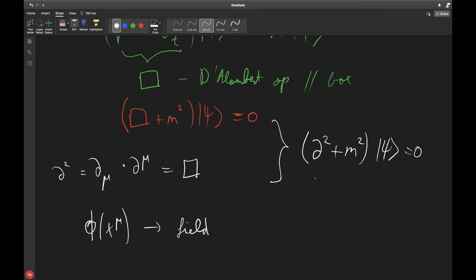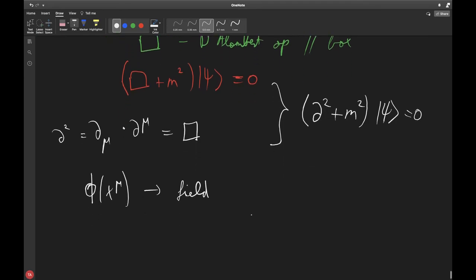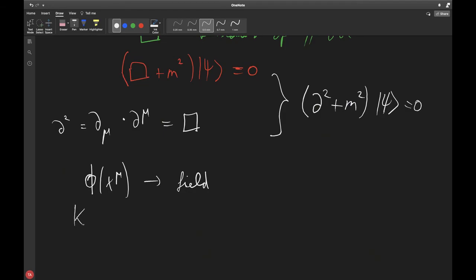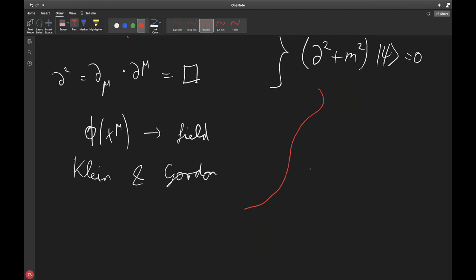And so Schrödinger didn't like that, moved on to the Schrödinger equation, but then Klein and Gordon, around the same time, said that, well, this stuff seems to be true for fields. And so the D'Alembert operator plus the mass squared acting on the field phi at the x mu location equals 0 is true.